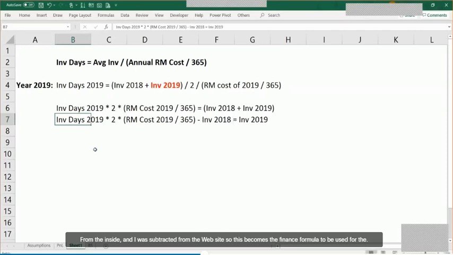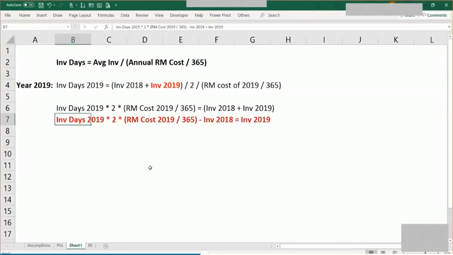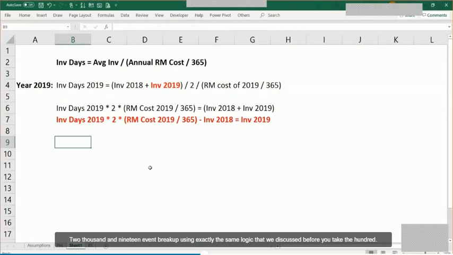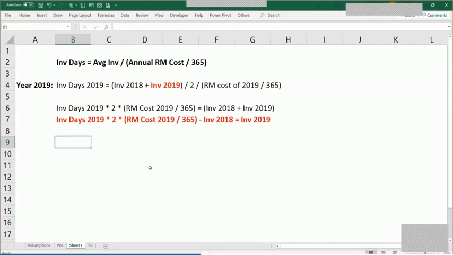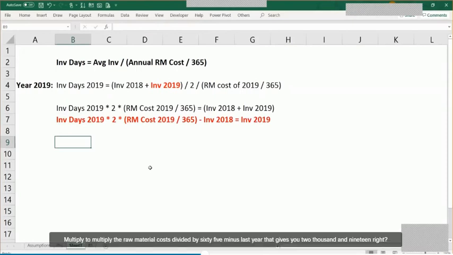So this becomes the final formula to be used for the 2019 inventory computation, using exactly the same logic that we discussed before. You take the 105 inventory days, multiply by 2, multiply by raw material cost divided by 365, minus last year's 2018 inventory. That gives you the 2019 inventory in the balance sheet.